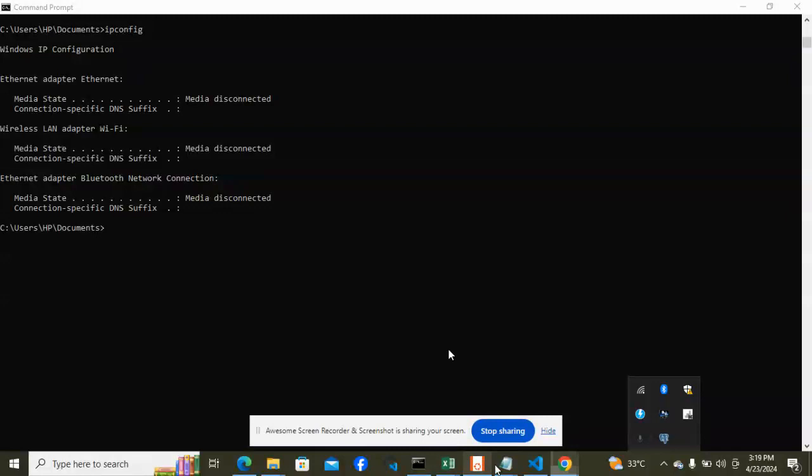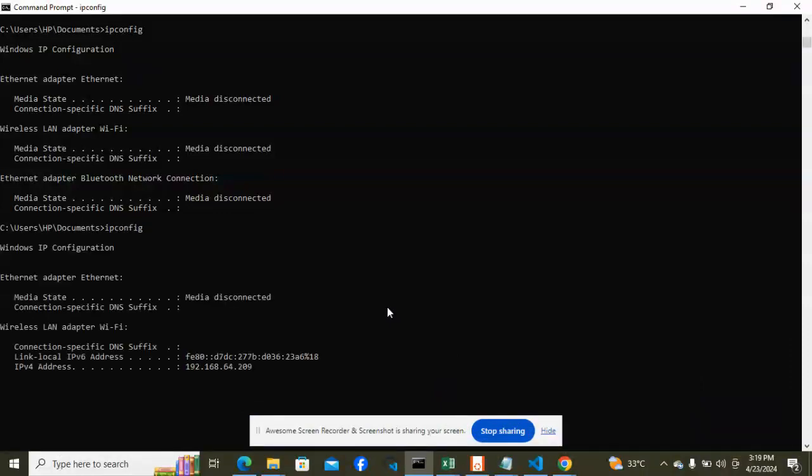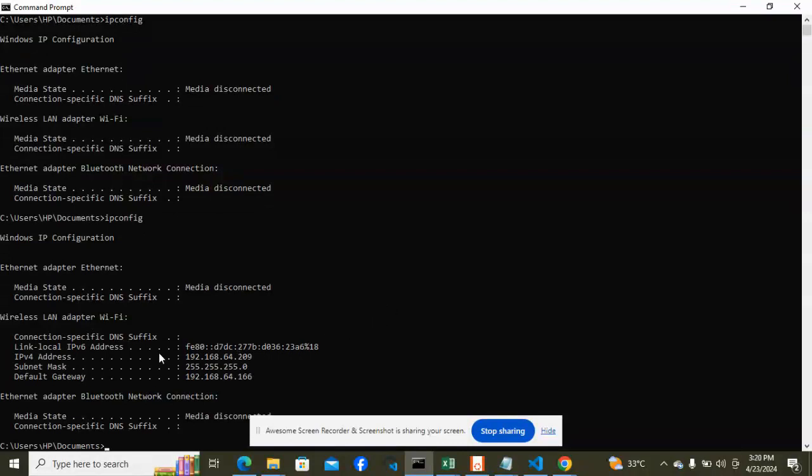So I want to go back and try ipconfig. Now I can see that on my wireless LAN, I can see my MAC address there, which is my link-local IPv6 address, and I can see my IPv4 address there, which is my IP address. My subnet mask is on the third octet on the network, and then I have the default gateway, which is supposed to be the router.